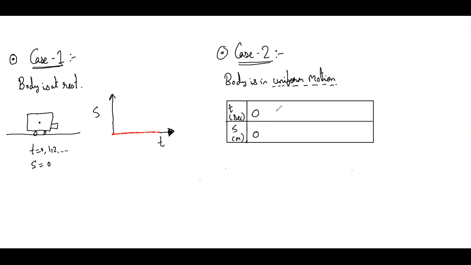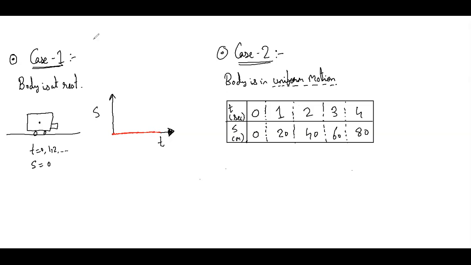Then at t equals to 1, displacement is given as 20. T equals to 2, this is given as 40. T equals to 3, this is given as 60. T equals to 4, it is given as 80. So at different times, the displacement of the particle has been given in the table.